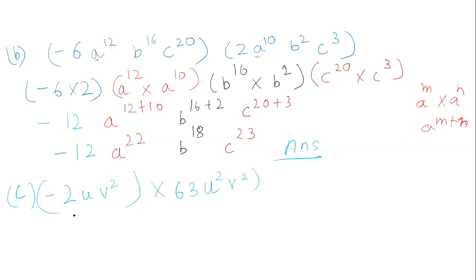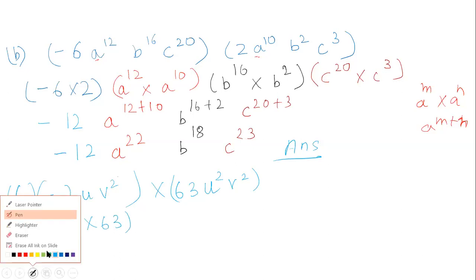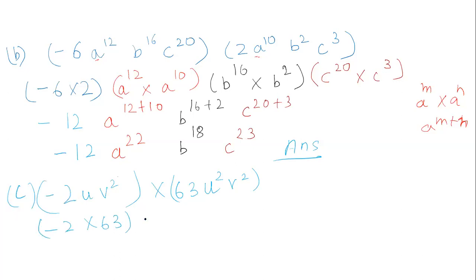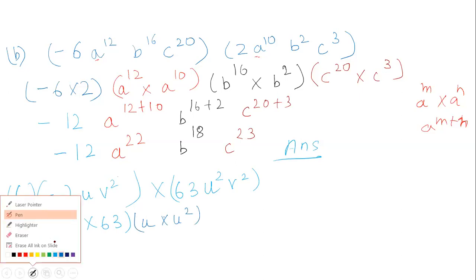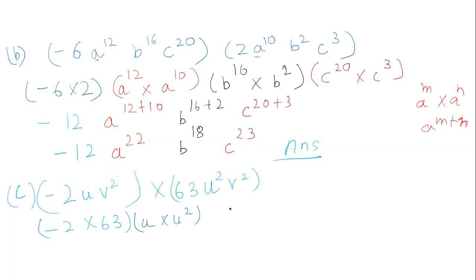So again we will club up the same terms with same basis. -2 into 63 in the first bracket, u into u square in the second bracket, v square into v square in the third bracket.